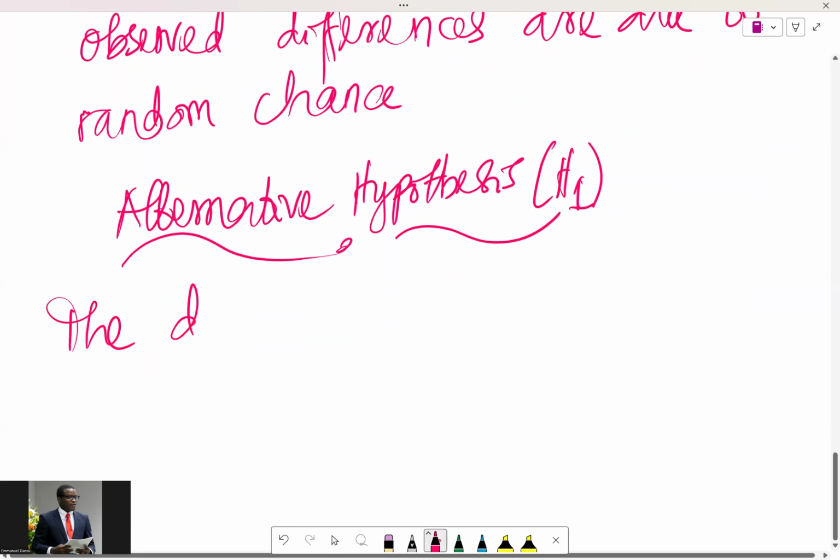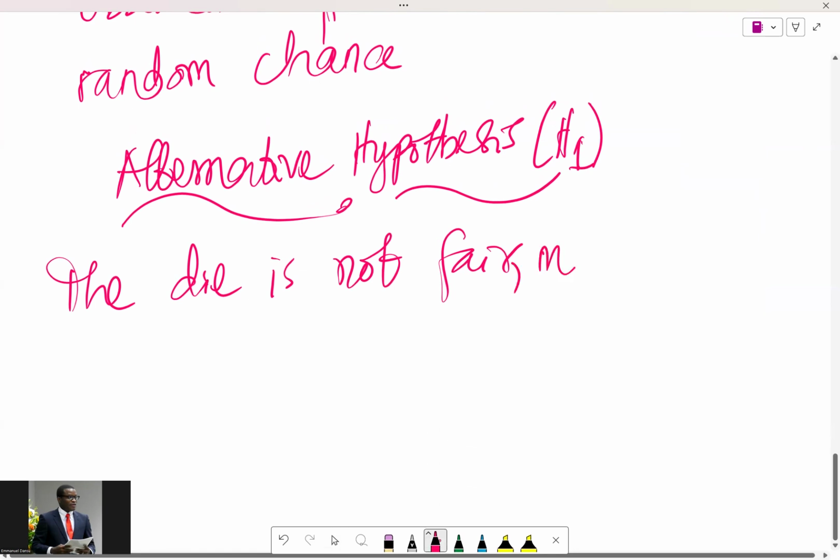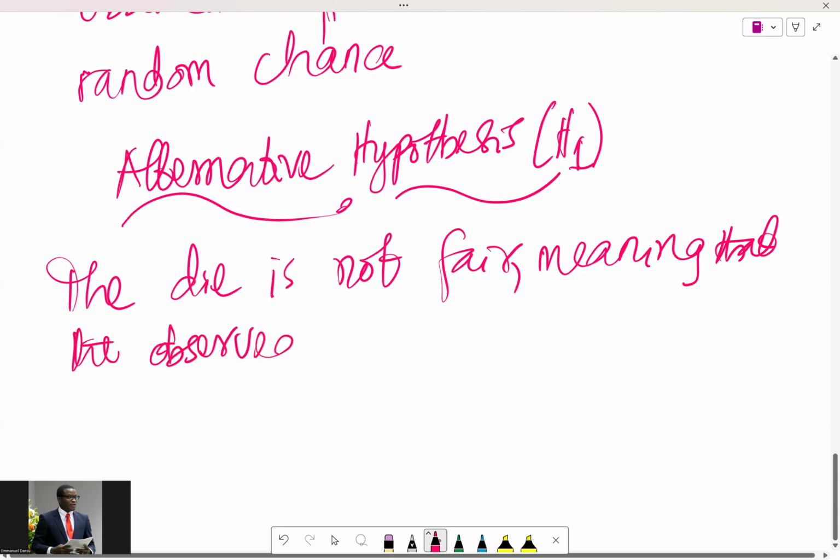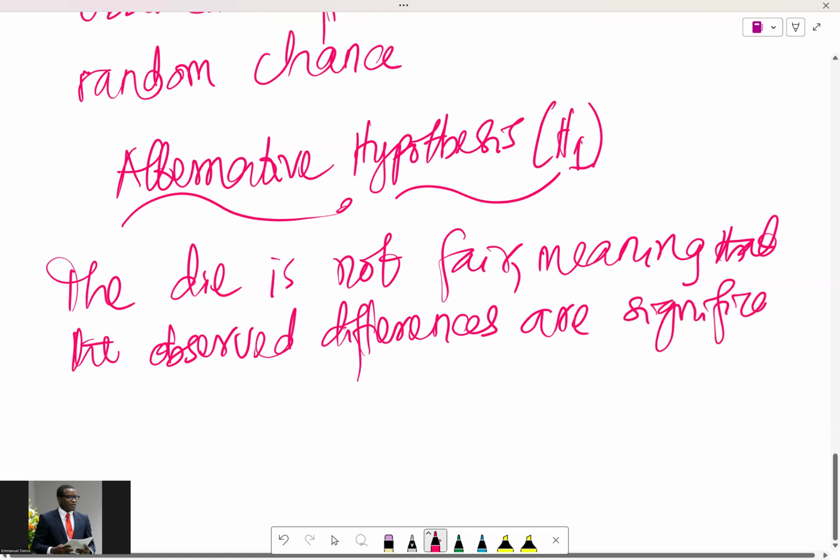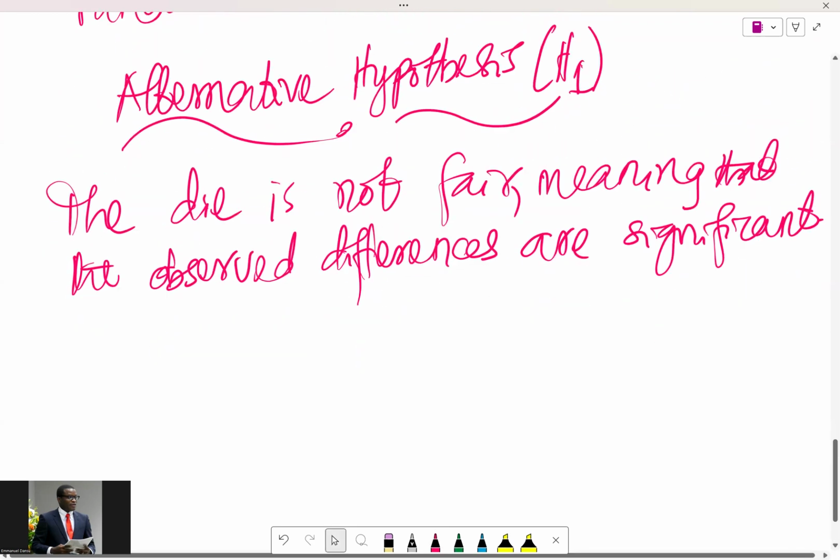That simply means the die is not fair, meaning that the observed differences are significant. So that's the first part, talking about the hypothesis.